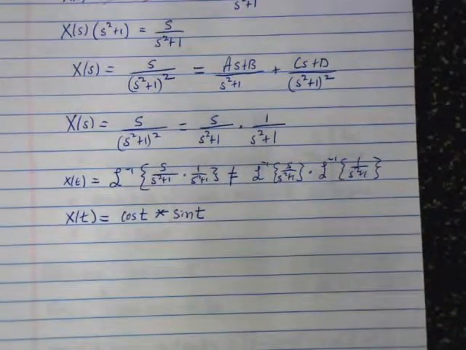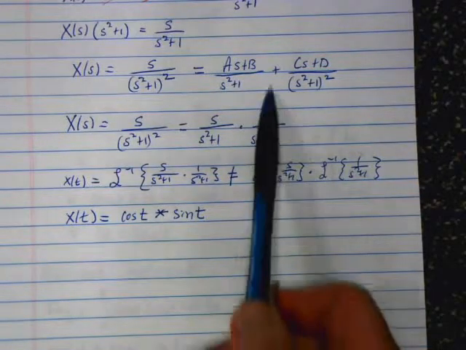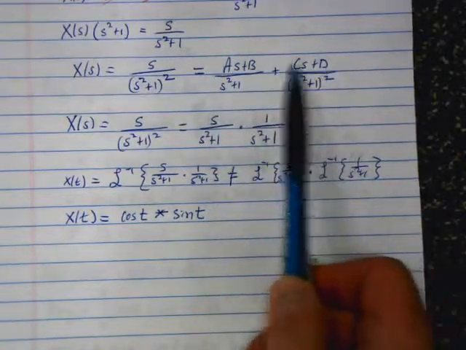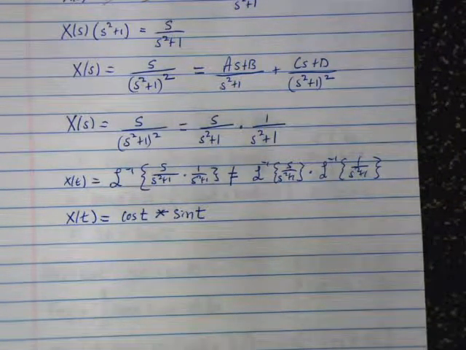So you kind of have to pick your poison. Which one's easier? Is it easier to do the partial fractions? Or is it easier to do this convolution, which we saw a few minutes ago involved an integral? It must depend on what the situation is.